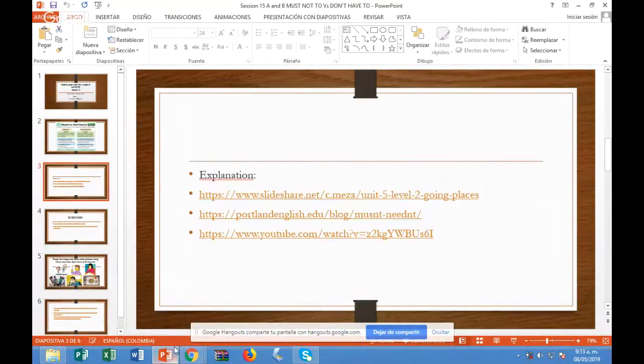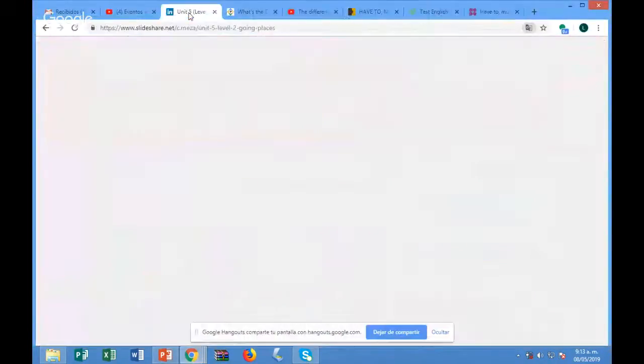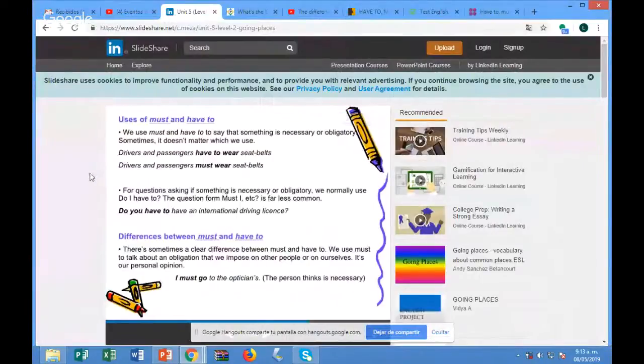So now I have here some explanations about the topic, uses of must and have to. We use must and have to to say that something is necessary or obligatory. Sometimes it doesn't matter which we use. Drivers and passengers have to wear seatbelts.